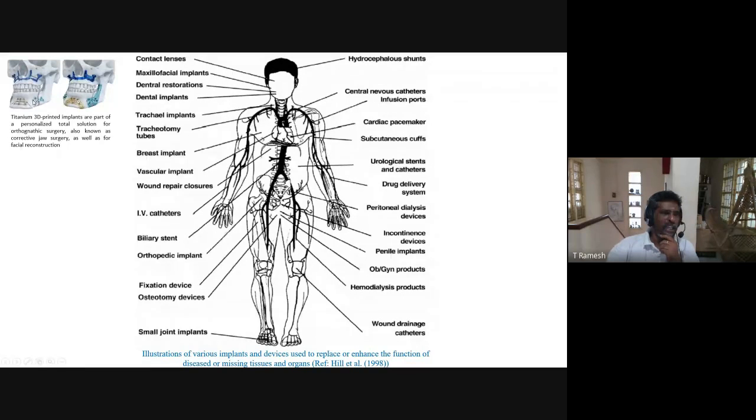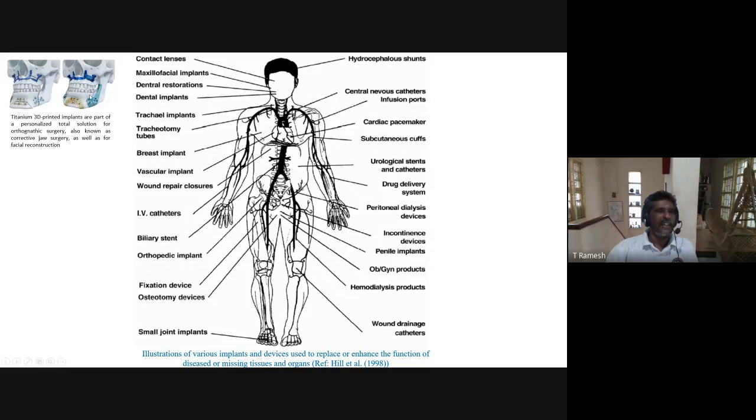Those screws are drilled and put inside the bones, right? So now the question is whether the material used for connecting the implants with the repaired or broken bones, yes, of course, that also should have biocompatible nature.